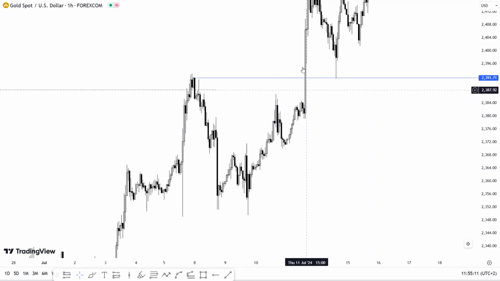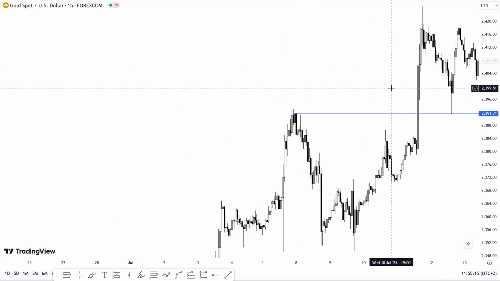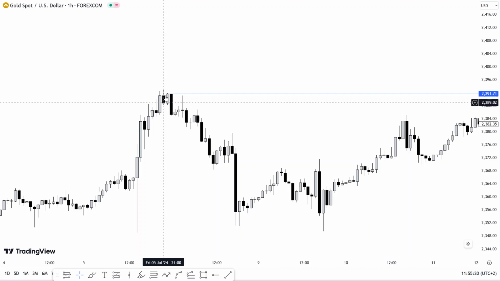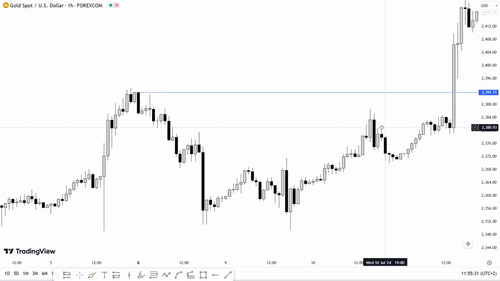But then price broke above that area, which was a resistance. Buy and then sell, and we had an inducement right here. Maybe you would have been convinced that this level would work. Let's see, you had your sell limit and then you got taken out.